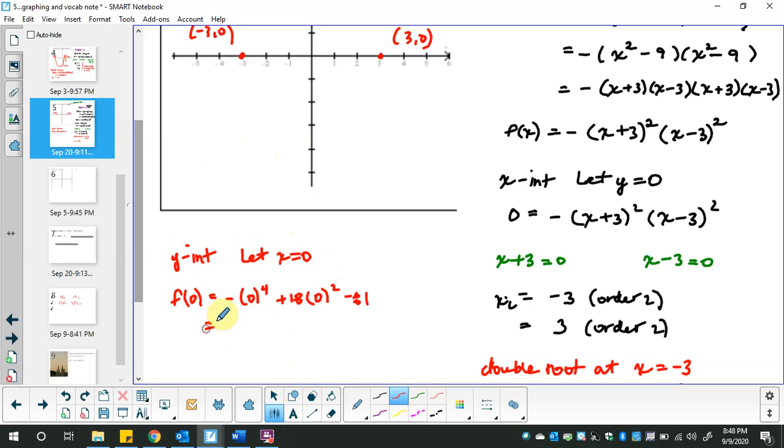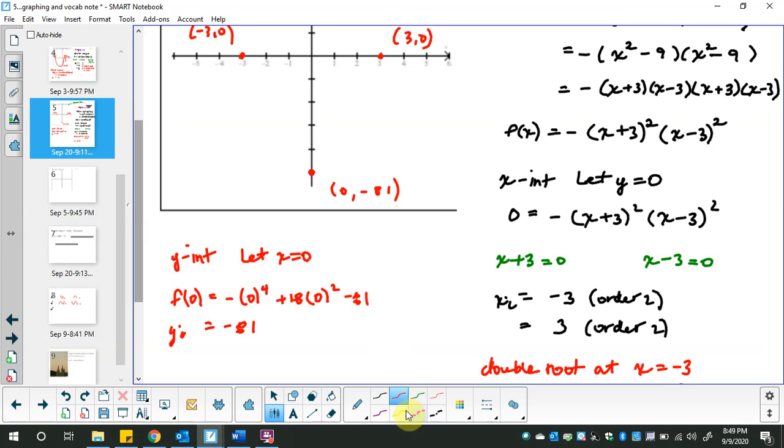And this time, -0 to the 4th is 0, plus 18 times 0 squared is 0, minus 81. That just means this. So you can actually, in standard form, very quickly find the y-intercept. And there's no way I can fit -81 on that, so I'm leaving it there.